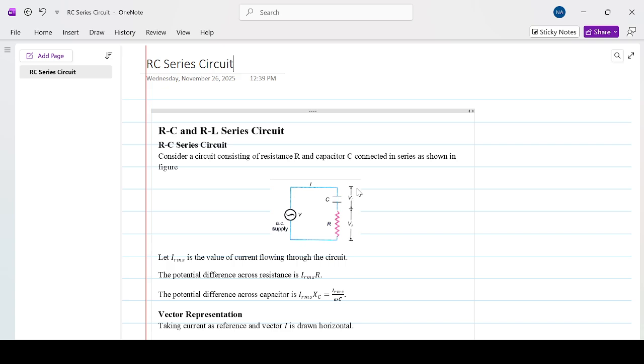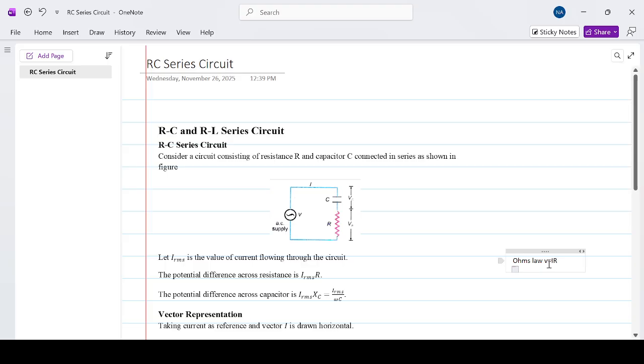For this, we consider the current flowing through the circuit is IRMS, and due to this flow of current, the potential difference across the resistance will be IRMS into R. This is from the formula of Ohm's law, and Ohm's law is V is equal to I R, where V is the potential difference, I is the current flowing through the circuit and R is the resistance of the circuit.